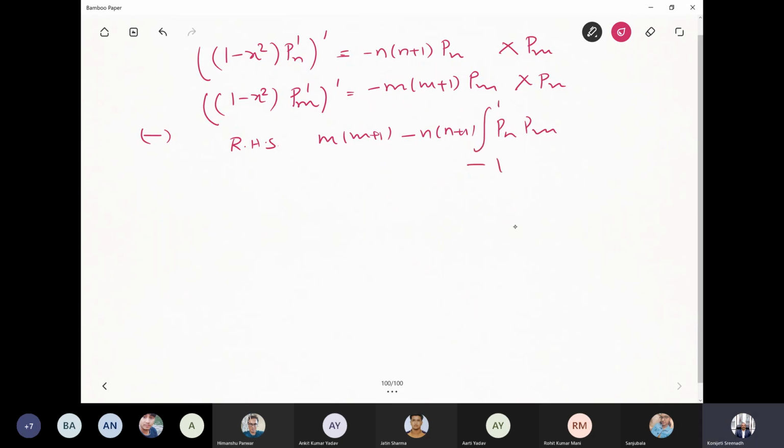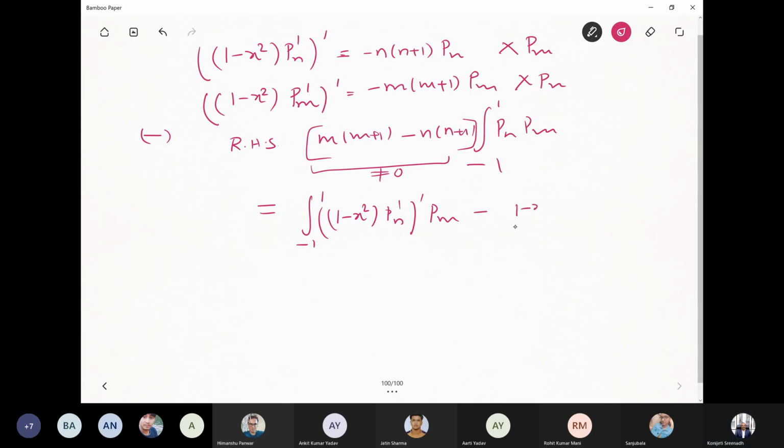That is the right hand side. Now you see that this constant here is non-zero. The left hand side is going to be the integral from minus 1 to 1 of 1 minus x square into Pn prime, whole prime, Pm, minus 1 minus x square into Pm prime, whole prime, into Pn.